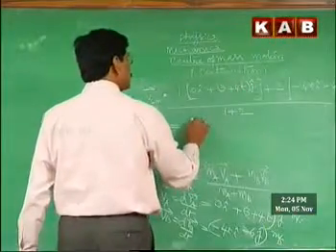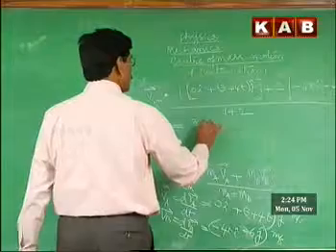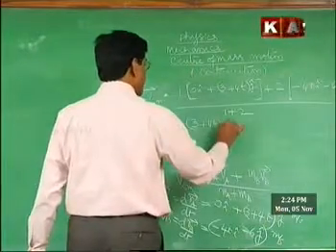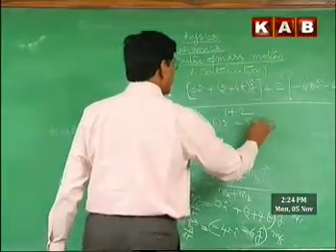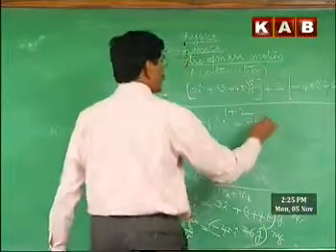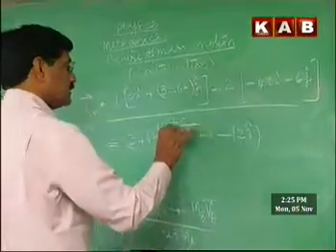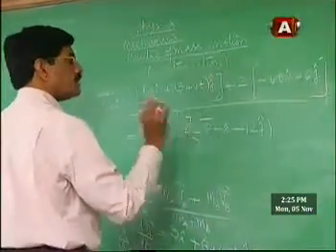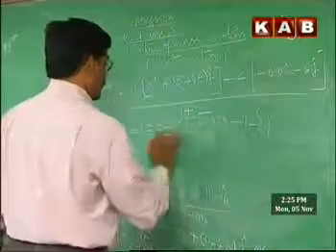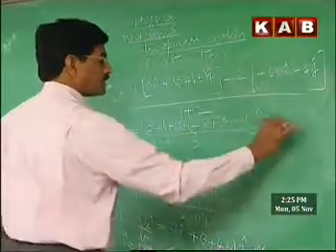Therefore, (3 plus 4t) j minus 8t i minus 12j, divided by 3 meters per second.